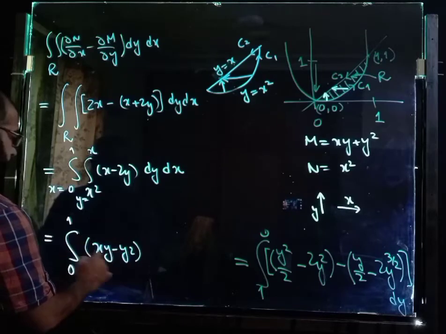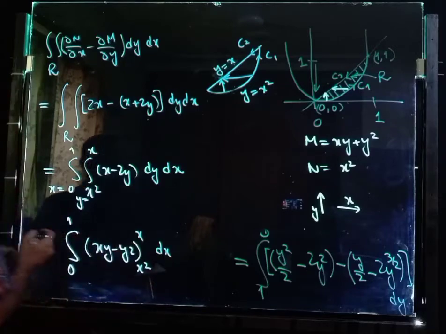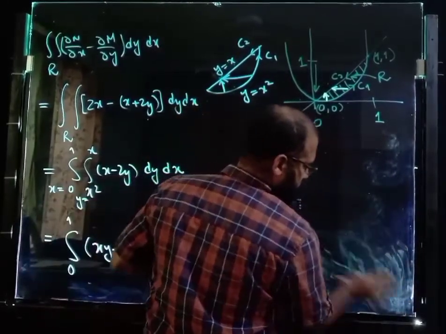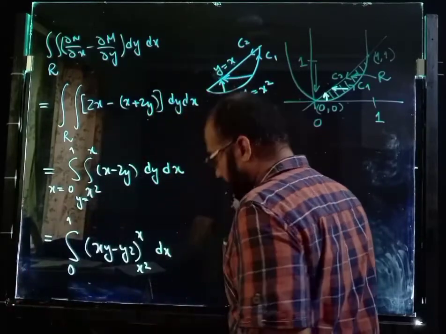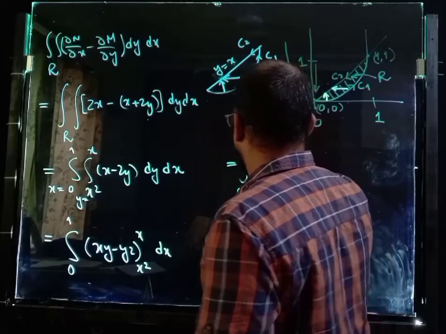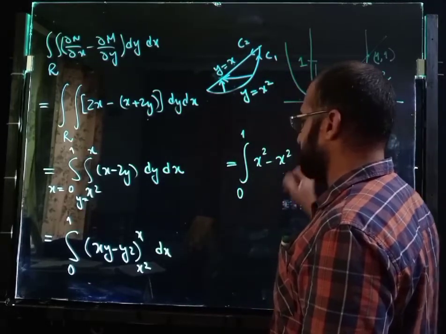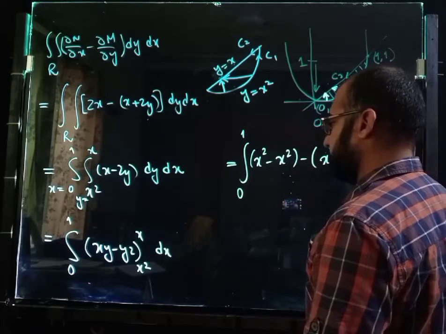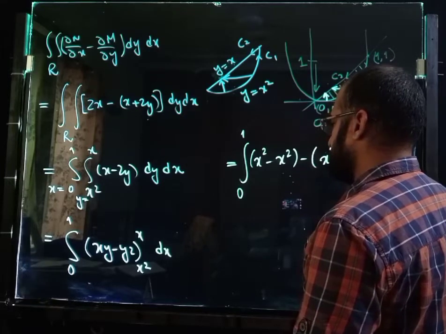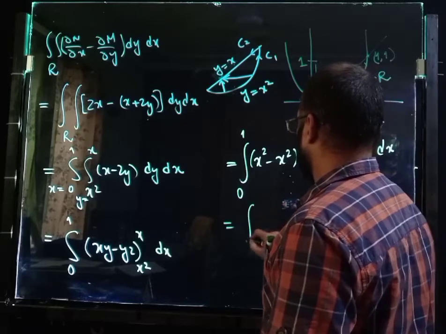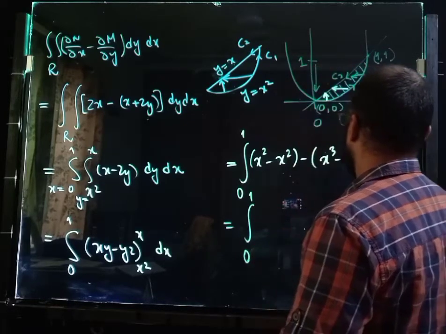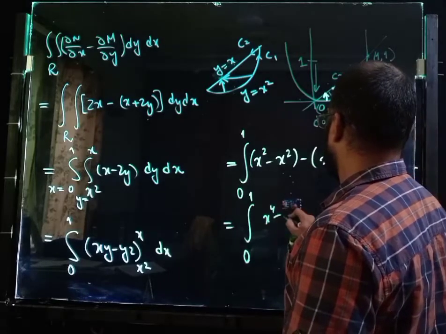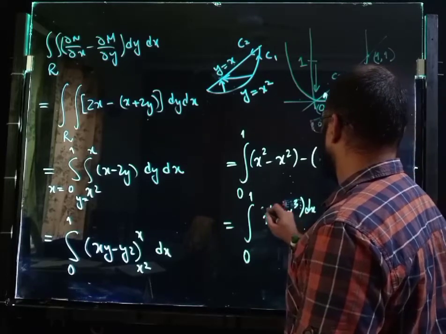So dear student, xy minus y squared from x squared to x dx, and I can write here x squared minus x squared, x cube minus x^4 dx, which is the same as 0 to 1 of x^4 minus x cube dx.